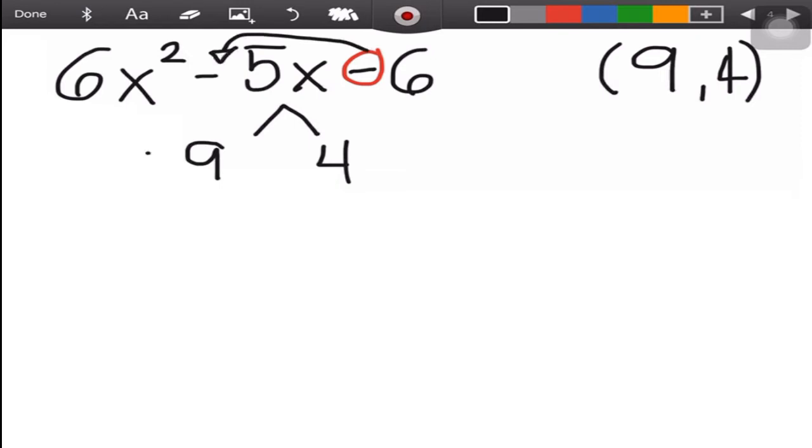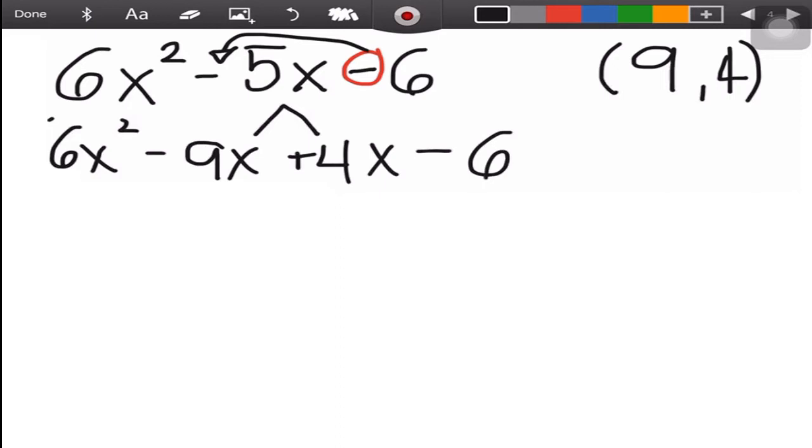So our middle term is minus. So 9 is higher than 4. So 9 will use negative, and then 4 will use positive. And then just copy the variable of the middle term. And then you copy the first and the last term. So that's it. So we'll just represent negative 5x by negative 9x plus 4x. If we solve this one, we will also get negative 5x.